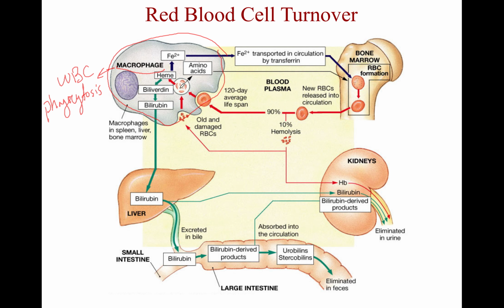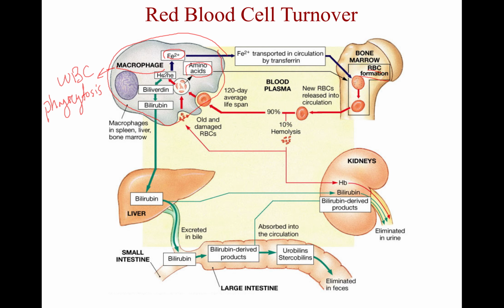Notice that it says it is broken down to amino acids, which are sent to bone marrow for RBC formation. You have iron coming off, Fe, which is also being transported to red bone marrow for production of red blood cells.